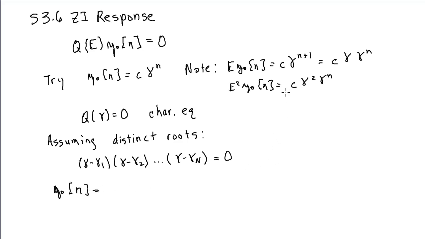The modes would be c1 gamma 1 to the n, c2 gamma 2 to the n, and so on and so forth. So our general solution would be c1 gamma 1 to the n plus c2 gamma 2 to the n plus c capital N gamma capital N to the lowercase n.